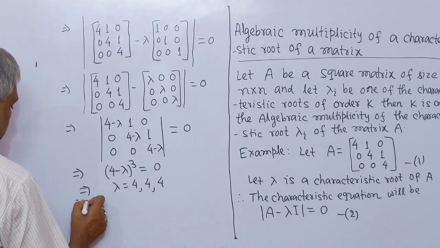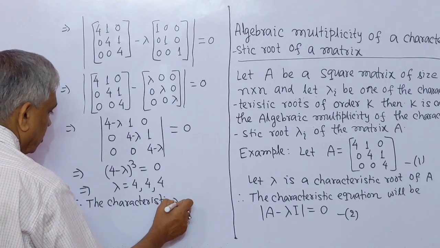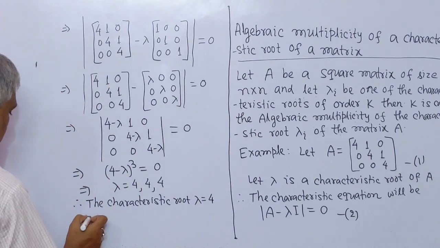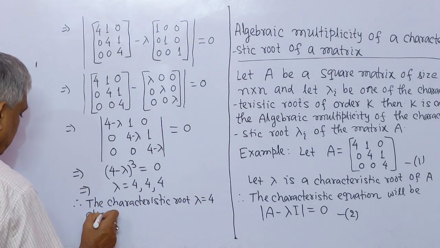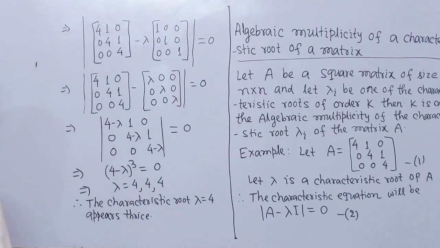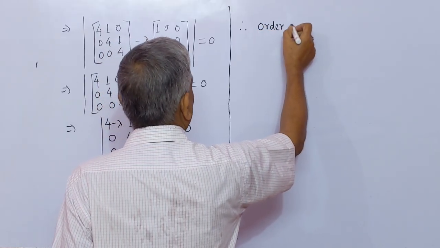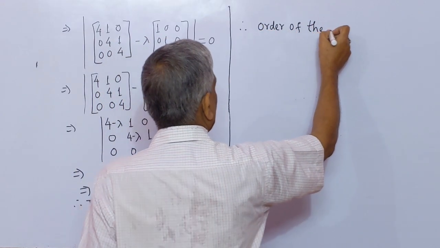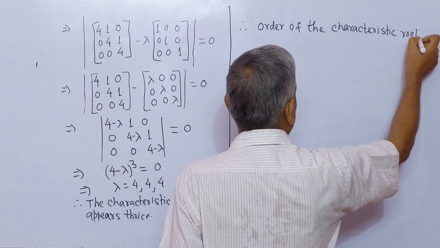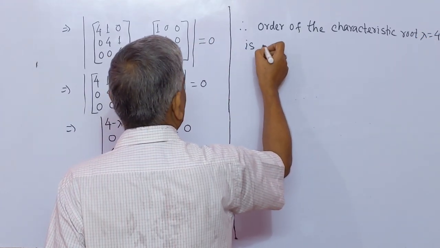Therefore, the characteristic root lambda equals 4 appears thrice. Therefore, the order of the characteristic root lambda equals 4 is 3.